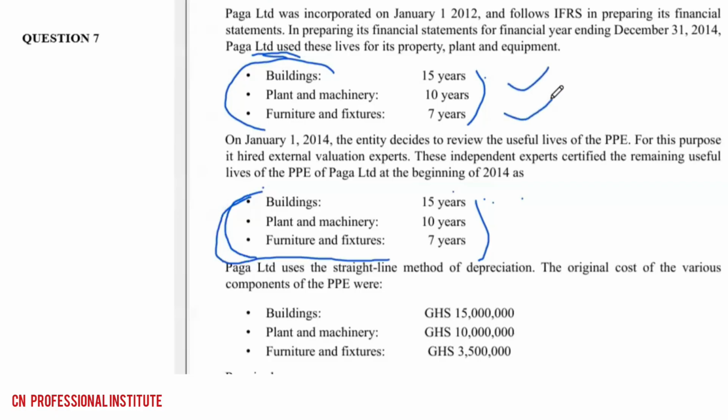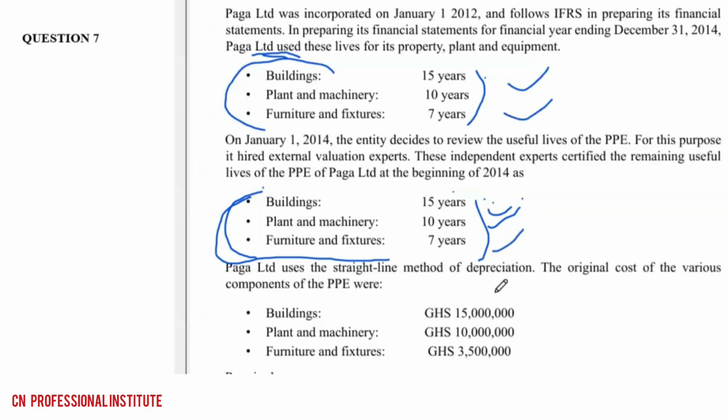These are the ones that we are going to use when we are computing depreciation for 2012 and 2013. Then from 2014, you have to use the revised ones, because the revision happened in 2014. They revised the lives in 2014, right? So when we are computing depreciation for 2014, we are going to use the ones below here. As simple as that.